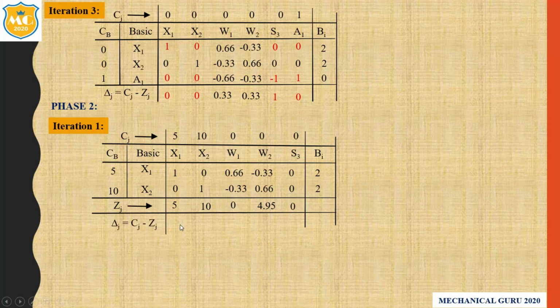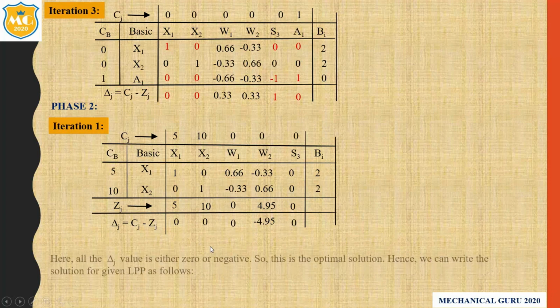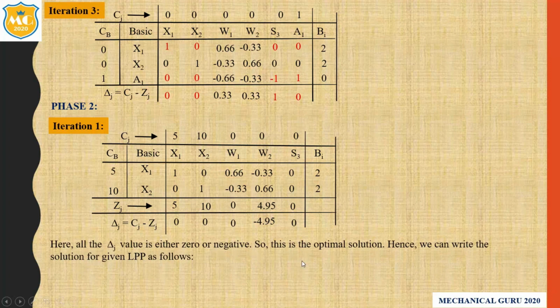So here 5 minus 5, 0, 10 minus 10, 0, 0 minus 0, 0 minus 4.95, so here minus 4.95, again 0. So here all the delta J values are 0 and negative. So this is the optimal solution.